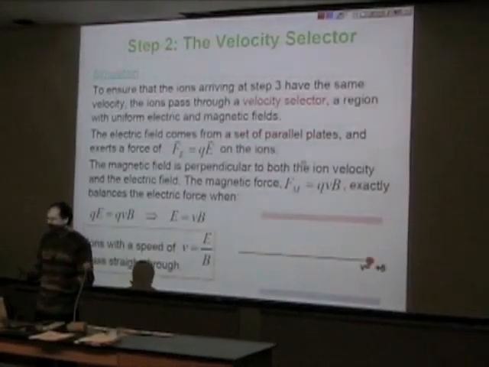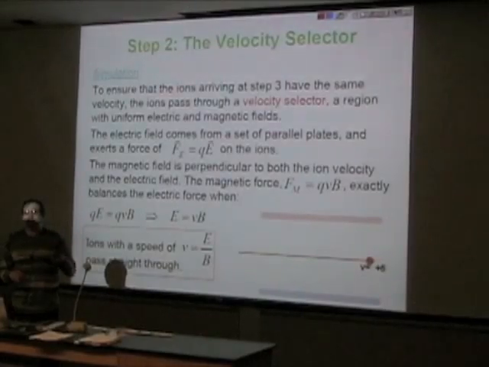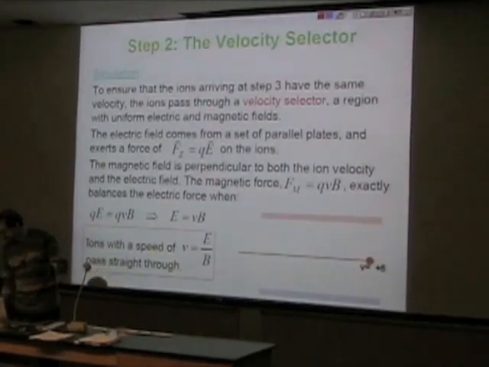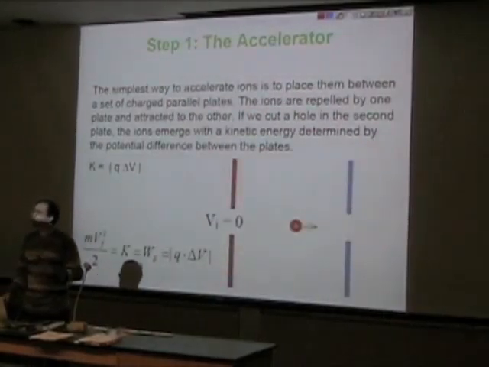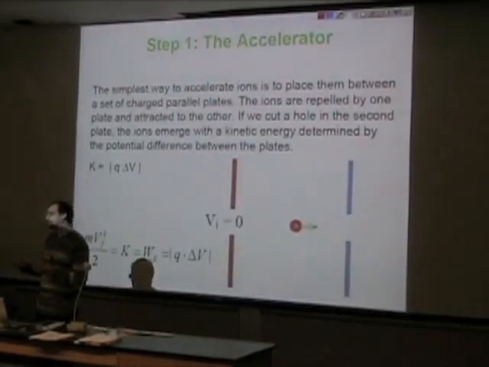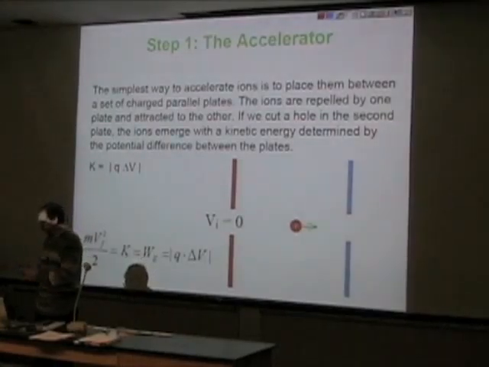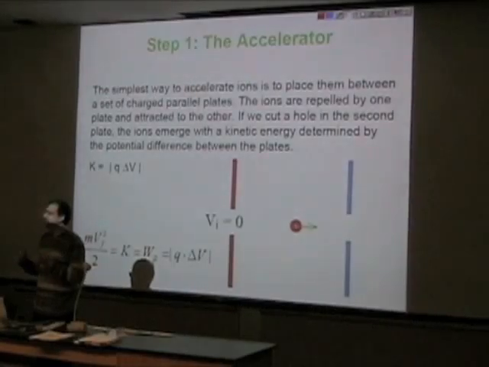Well, another application of this theory is the mass spectrometer. A mass spectrometer is a device which we use to measure masses of particles. It has three parts. First of all, we have to accelerate the particle. To do that, we apply an electric field.